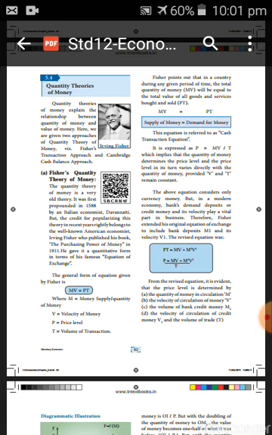M refers to money supply or quantity of money. V refers to velocity of money. P refers to price level. T refers to volume of transaction or trade.